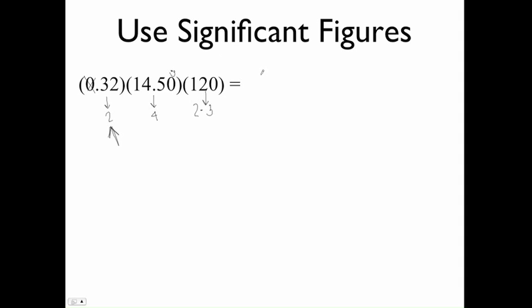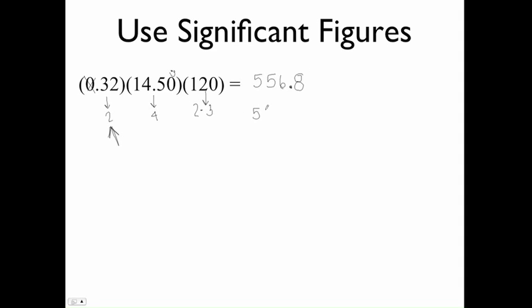Okay, so when I did this in my calculator, I multiplied 0.32 by 14.5 times 120. I got 556.8. Okay, but I can only have 2 significant figures. So what I'm going to have to do is round.